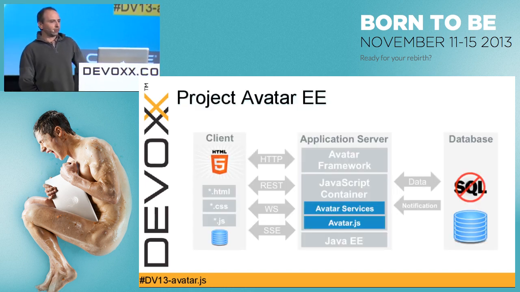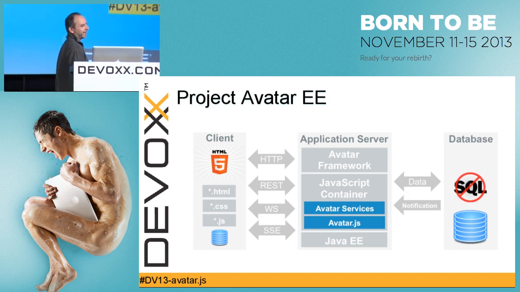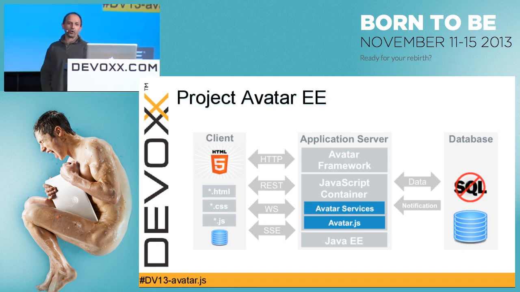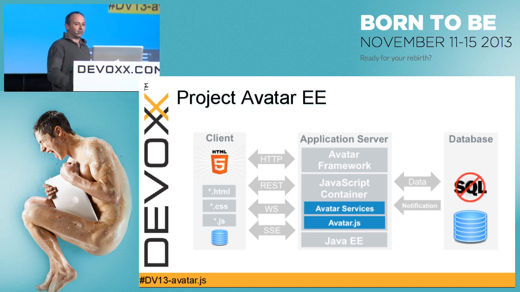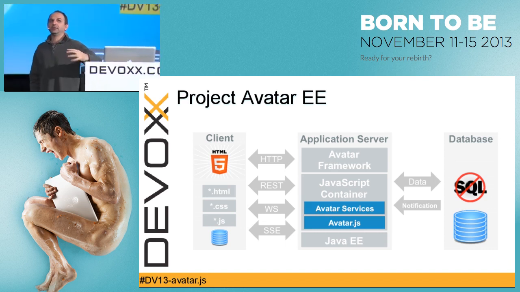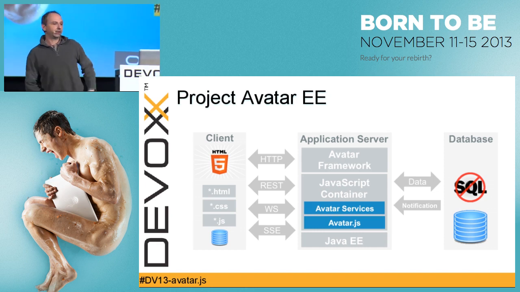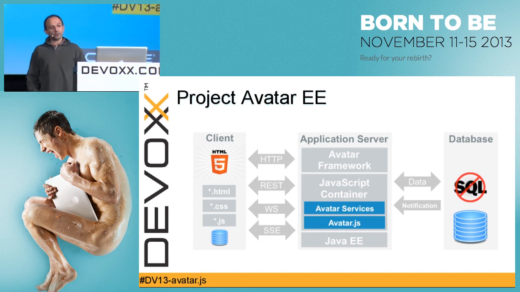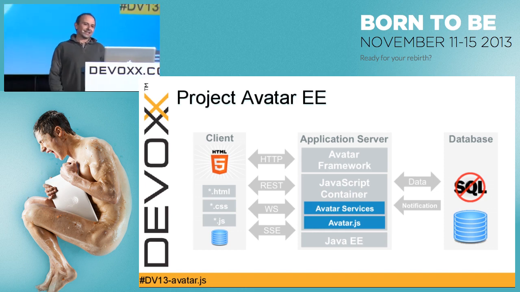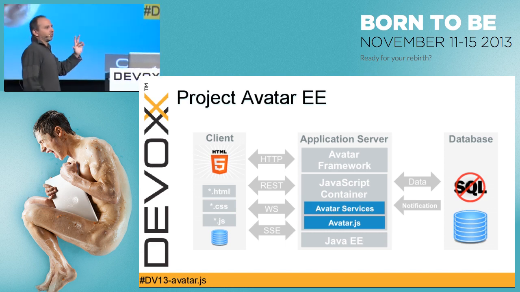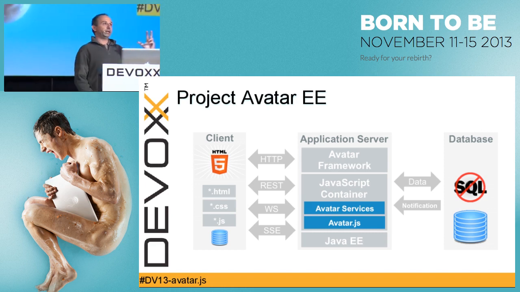So there is a new project named Avatar EE. Avatar.js comes from this family of technologies. This is an example of Avatar.js being used inside another framework. The project Avatar EE is also an open source project that allows you to develop, using JavaScript, some server-side services on top of Java EE.